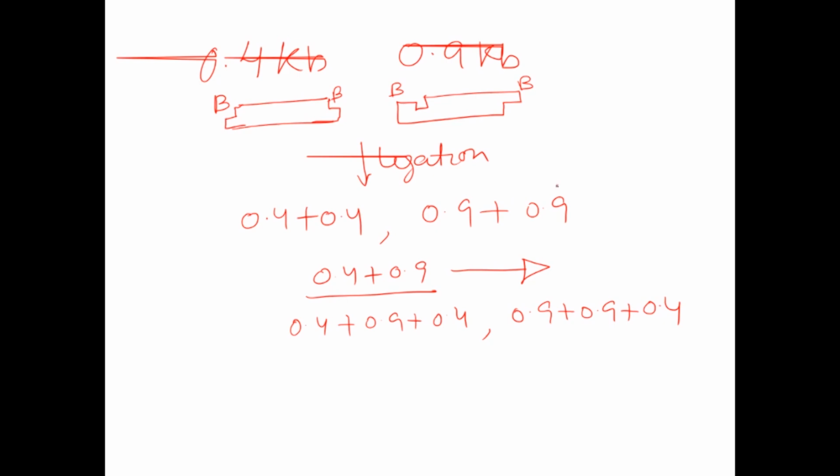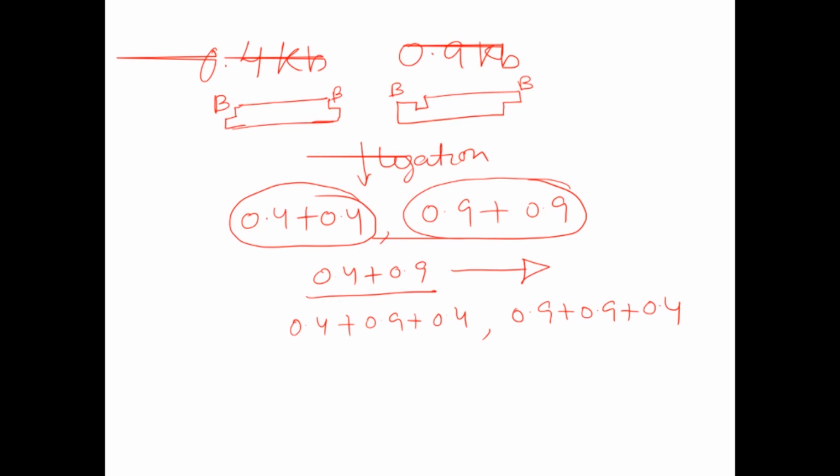So, there is a very low probability that you may get 1.8, but a high probability that you may get 0.4 with 0.4. Because of that, at the end the 0.4 is going to be consumed in your reactions, and ultimately you are not going to get your desired product, that is 1.3 kb.